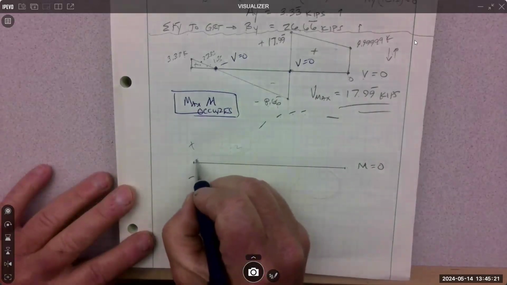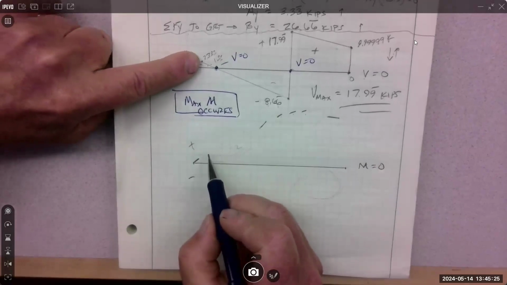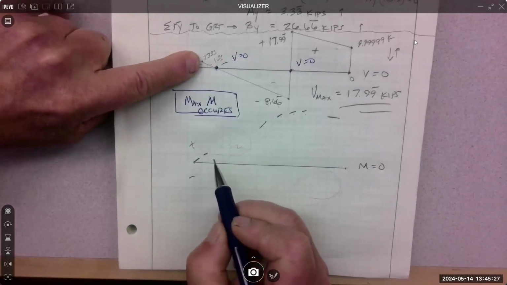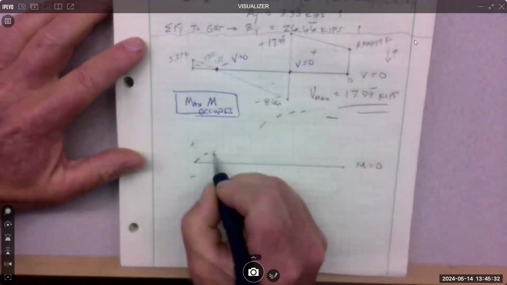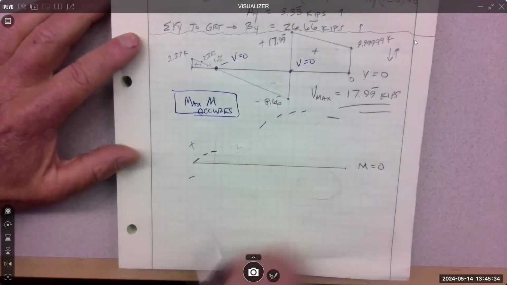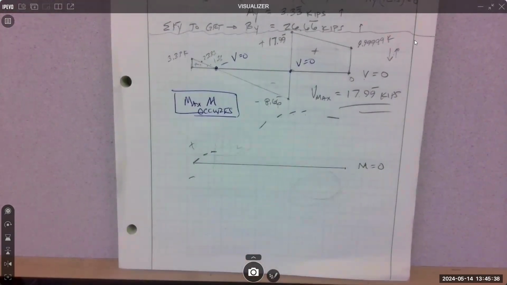I'm going to start in here with that slope, and then 1 foot over, it's a little less, and then a little less, and then at this point, it's flat. Just thinking through the slope, positive, positive, positive, but getting less positive the whole way.